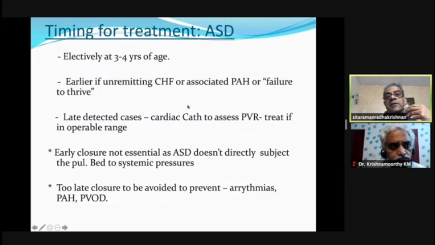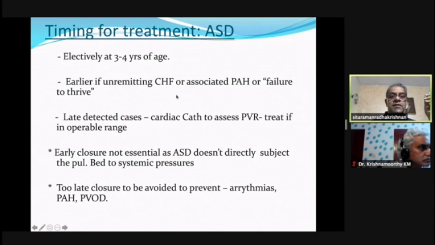In our country, the causes of failure to thrive are innumerable: poor nutrition, not feeding well, etc. So one has to be very careful when you say that the atrial septal defect is causing failure to thrive, and you have to go into very, very detailed history about their nutrition. But we do once in a while see atrial septal defect with heart failure or associated pulmonary hypertension. Then, of course, one should not wait. But this constitutes a minority of patients of atrial septal defect.